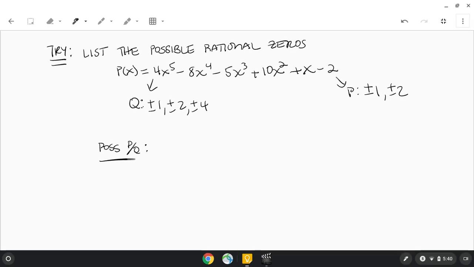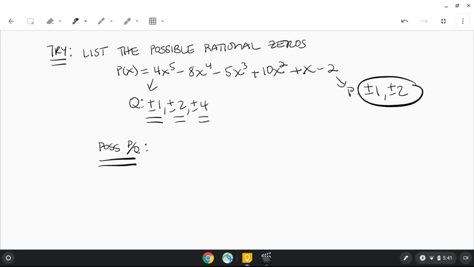Okay, let's see. I always like to start with all of these guys over the first one, and then all of the P's again over the 2, and then all of the P's again over the 4. Try to come up with some sort of systematic way of keeping track of all of your possible P over Q's.